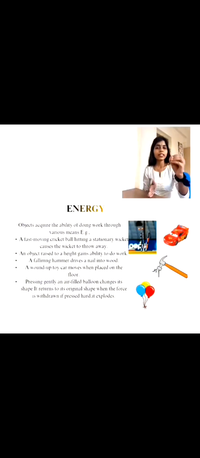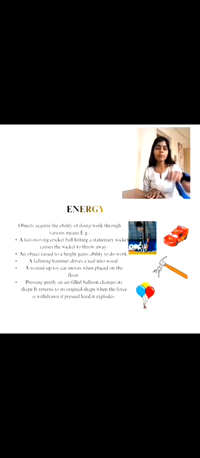So it uses some kind of energy, that is superpower, and it knocks the wicket away. And if we jump from the mountain, we had a great force acting on it. Similarly, if we lift any of the object, there will be some kind of work doing there when it falls.